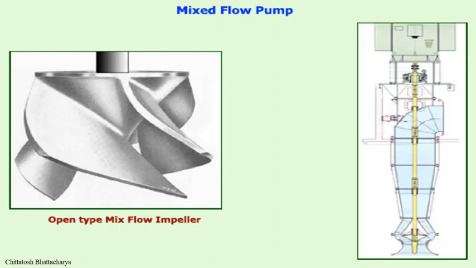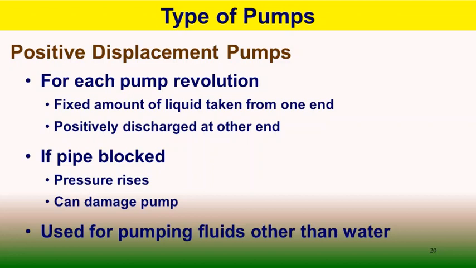Positive displacement pumps are the pumps which are positively displacing the liquid along the direction of flow through the pumps. There is a fixed amount of liquid taken from one end and discharged positively to the other end. If these pumps are blocked, there may be pressure rise and it can damage the pumps.